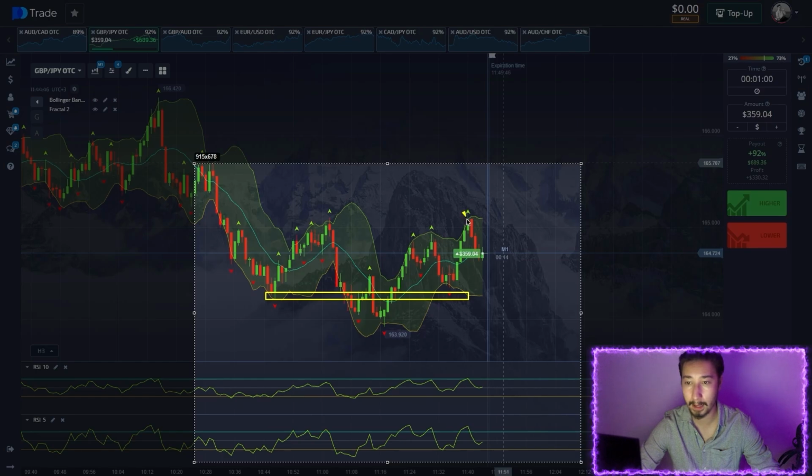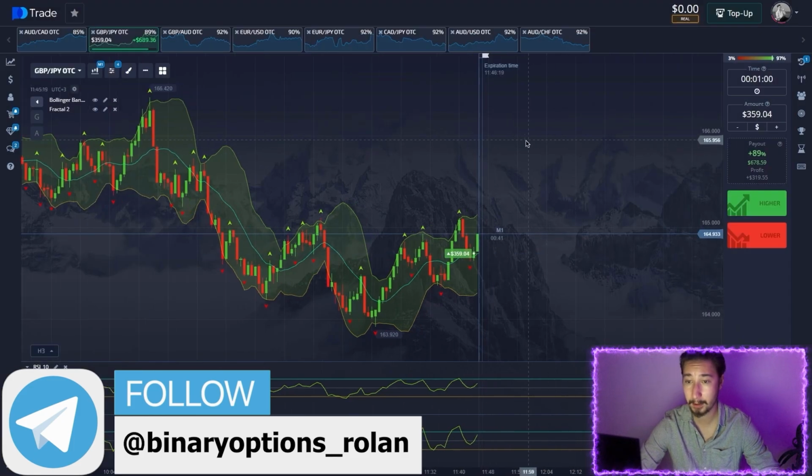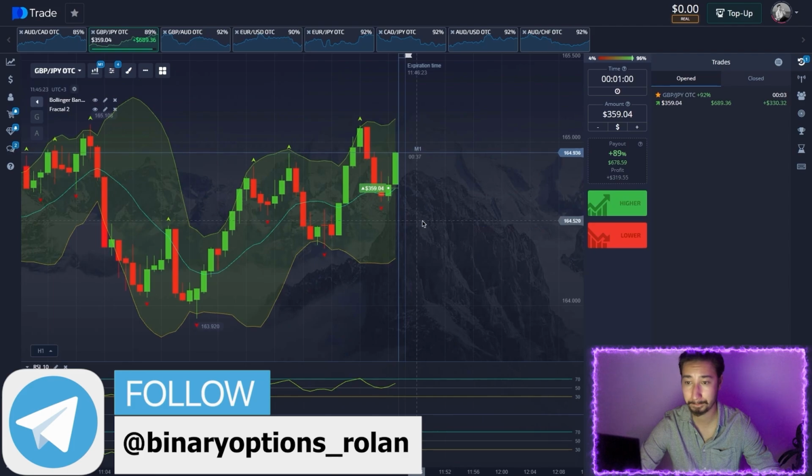Then we see a rollback again, touching the moving average on our Bollinger Bands, and then the movement should, in theory, go up, especially since we see a reversal from every side. We see its upward dynamics since we have now exited the oversold area at this point, and in general, let's just see. So 3 seconds left.